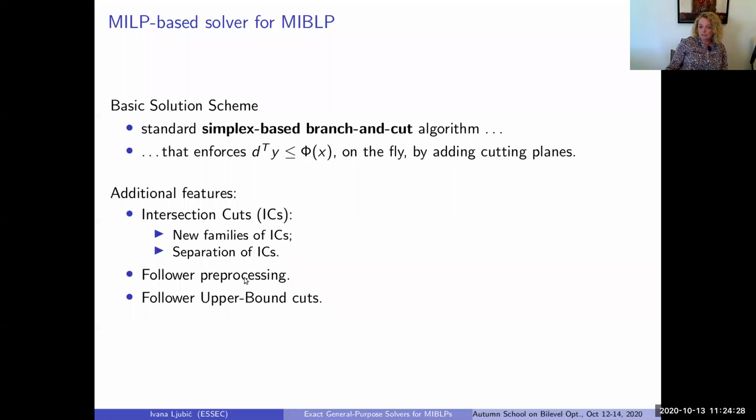And I think that these ideas in principle can be applied also for bilevel integer programs in general, and also the follower upper bound cuts, the local cuts that you can add while branching on the tree based on the current bounds imposed on the upper level variables.